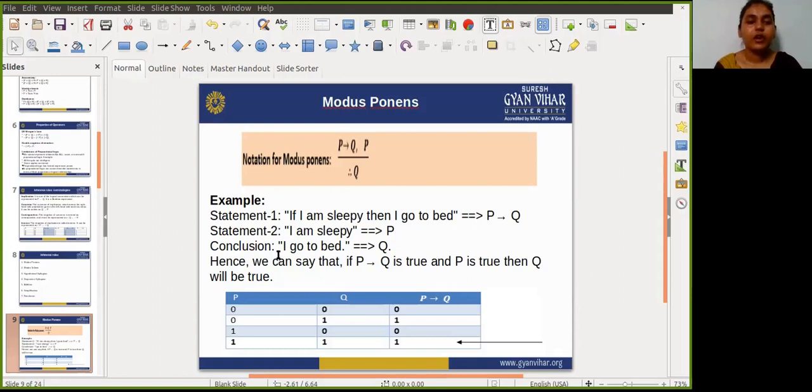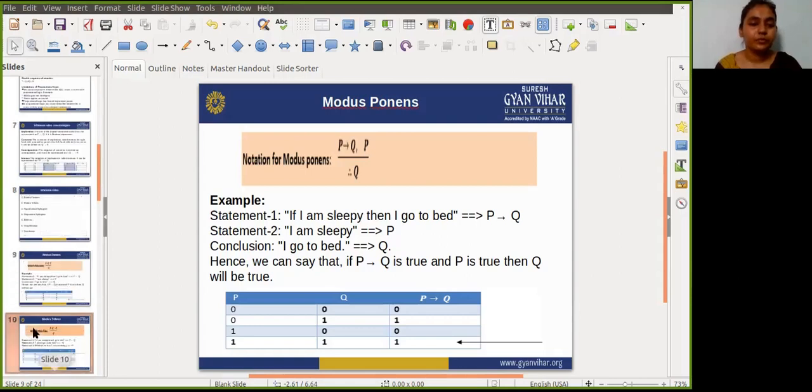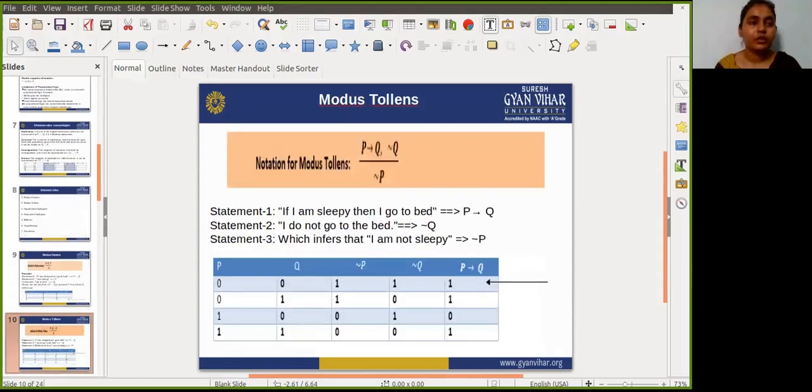Next is modus tollens. The modus tollens rule states that if P implies Q is true and not Q is true, then not P is also true.